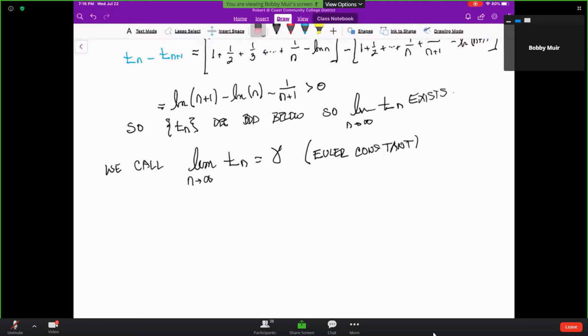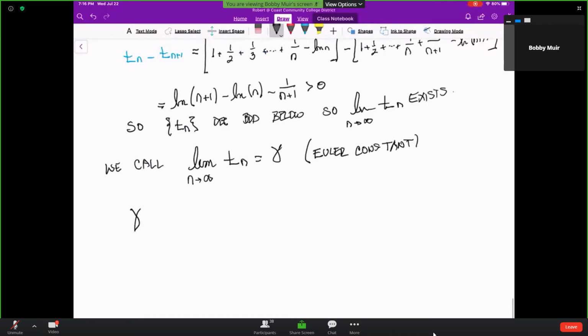It's the Euler constant. If you write out what the Euler constant is, it's equal to the limit as n tends to infinity of the nth partial sum of the harmonic series minus the natural log of n.